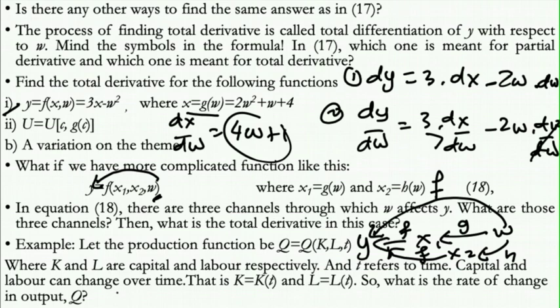It depends on three things: capital, labor, and time. Now, what you need to do is first draw the channel map so that you can see clearly which one is directly affecting Q and which one is indirectly affecting Q. Then you can start finding the total derivative.